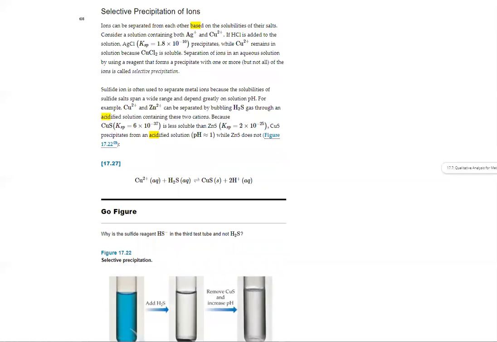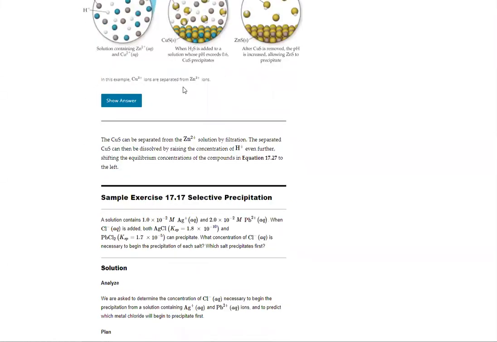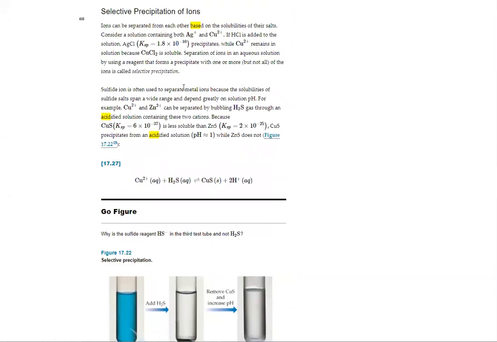Selective precipitation of ions. Ions can be separated from each other based on their solubilities. So these are just talking about how certain ions can be separated based off their properties. And this is more used in the real world, because as we talked about, some substances will only dissolve, and when I say dissolve, I mean dissociate into ions, in certain acidic and certain basic substances.